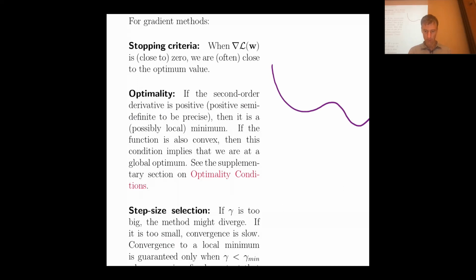Maybe this is the function you're optimizing, and you end up somewhere, maybe here. The interesting thing is that when you're here, the gradient is 0. That means you have reached a flat region. This is your W.